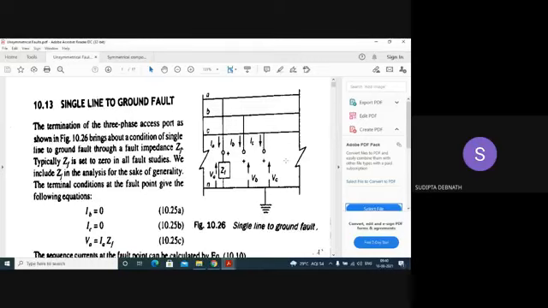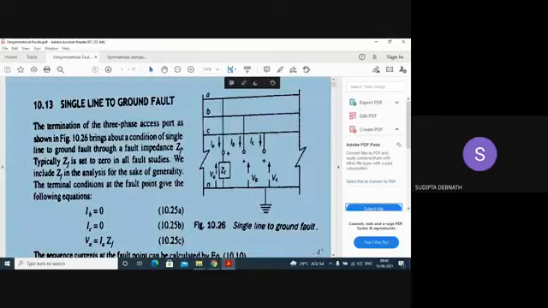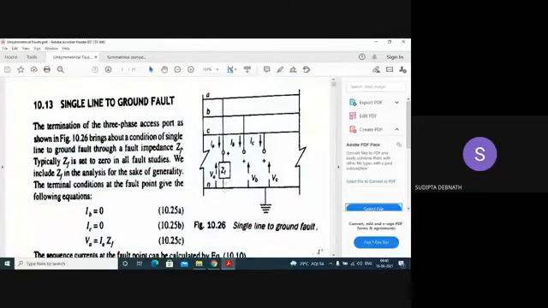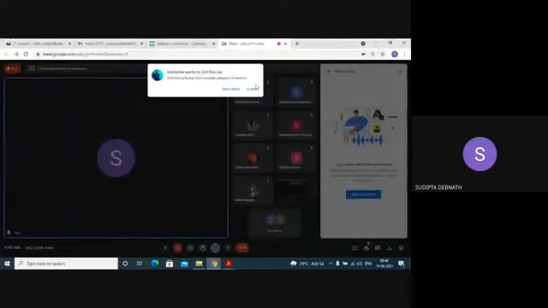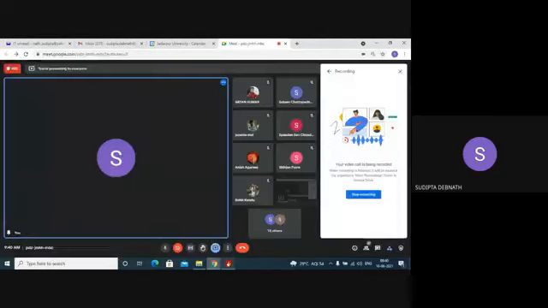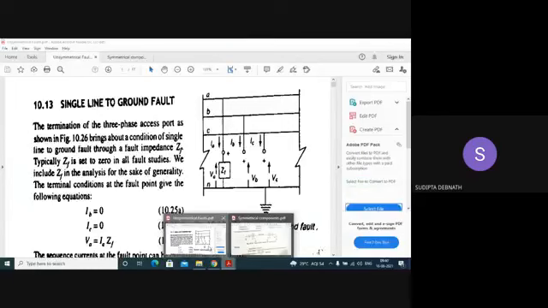For all derivations we consider all the lines to be open. For single line to ground fault, let us consider phase A is connected to the ground through fault impedance ZF. This is the schematic diagram.